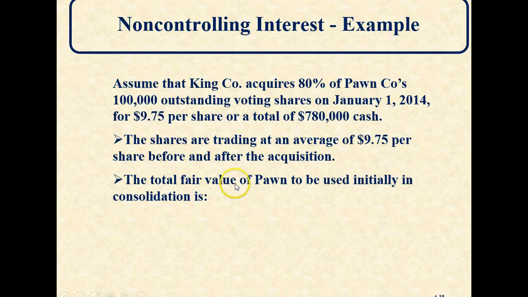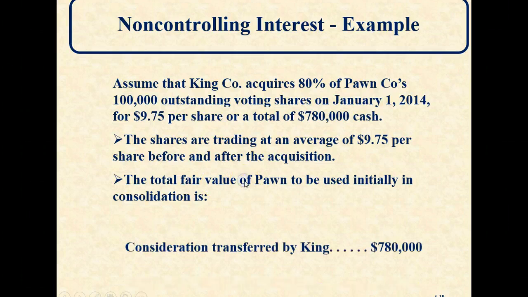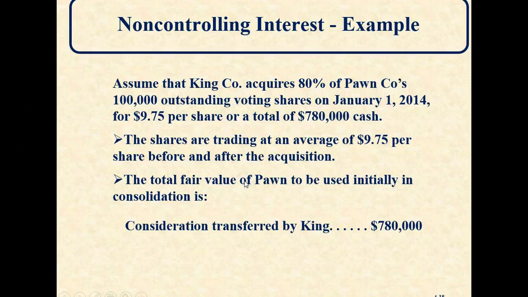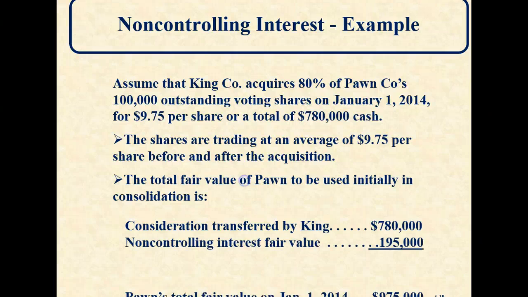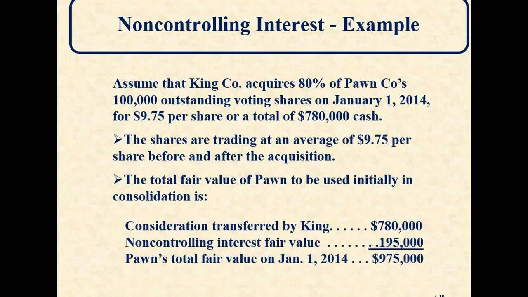The total fair value of Pawn to be used initially in the consolidation process is the $780,000 of consideration given. And then we'll look at the 20,000 additional shares at $9.75 a share, and we'll come up with the figure for the non-controlling interest, which means the total fair value of the company is $975,000.